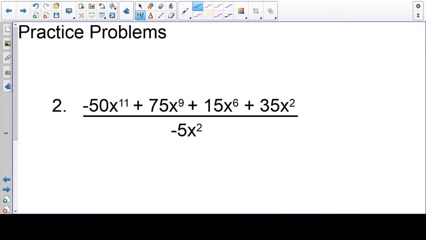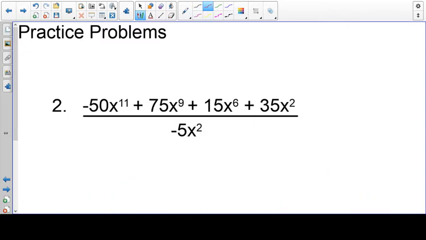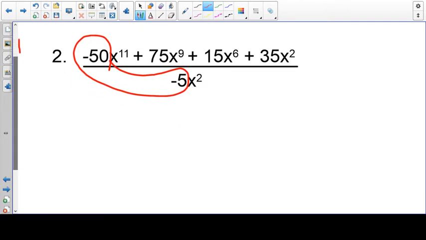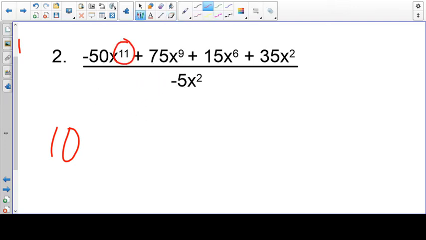I'm going to go ahead and I want to make sure I get my color scheme ready. Okay. Divide negative 50 by negative 5. Which is going to give me 10. Then I'm going to take 11 minus 2, which will give me 9.